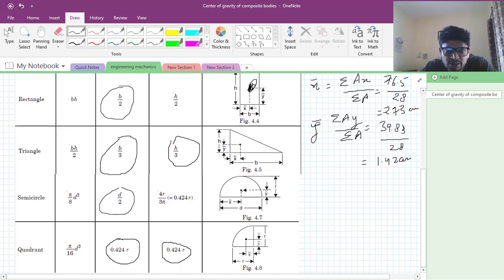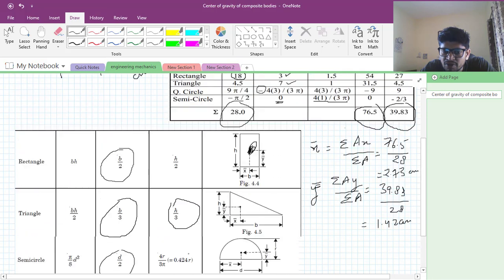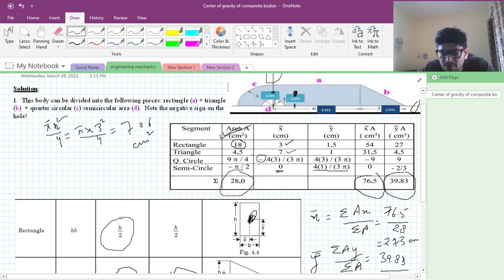You can see the center of gravity of semicircle is on x, on the center of this d by 2, and in y it is 4r by 3 pi. In case of quarter circle or quadrant, you can see the x bar and y bar both having same value, 0.424 r.